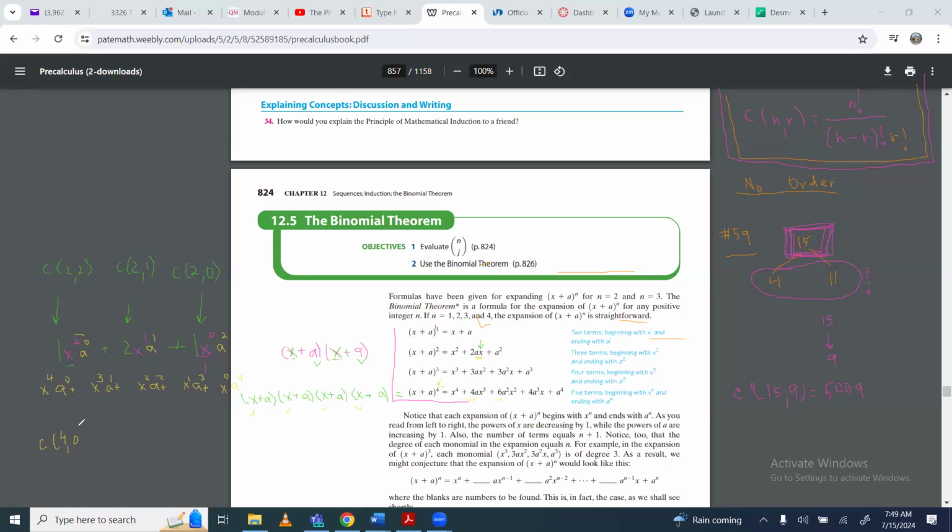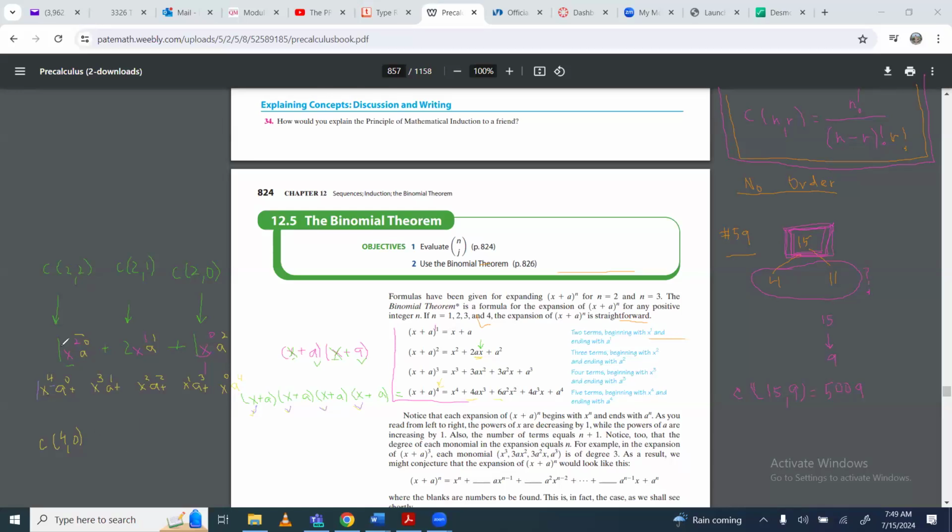In other words, I have to take all 4 x's for my x to the 4th. So I take this x, multiply it with that x, and that x, and that x, and that's how I produce the 4th power of x. And 0 power of a, because I don't use any a's. So combinations 4 choose 0 happens to be 1. Whenever you choose 0, you don't choose anything, you just turn around and leave. So only one way to do that.